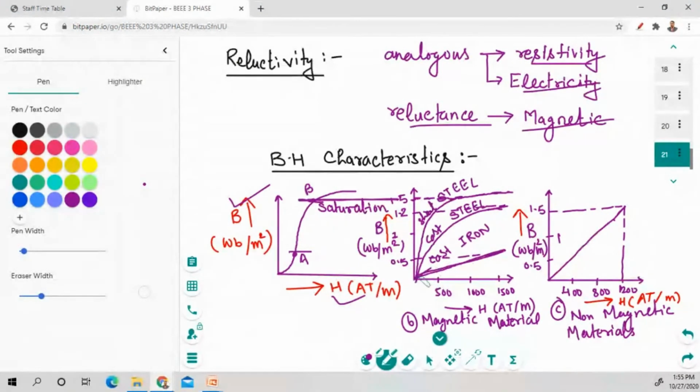Clear? So when you increase the intensity, the density also increases. But at a particular point it cannot increase beyond 1.5. You can see in sheet steel, 1.5 is the maximum flux density. If you increase the intensity of the magnetic field, the density does not increase; it remains constant.